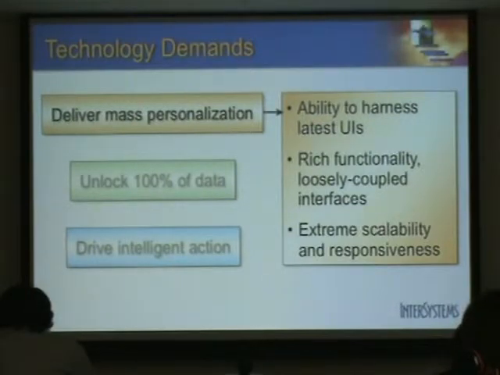You need to have a whole array of loosely coupled interfaces. And of course, in order to have this level of personalization across huge populations, in order to have your preferences, your taste, the information that you looked at most recently, you need an extraordinary scalable engine behind you.